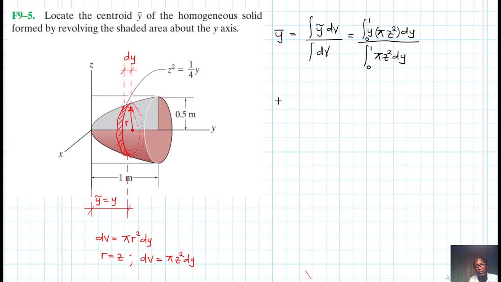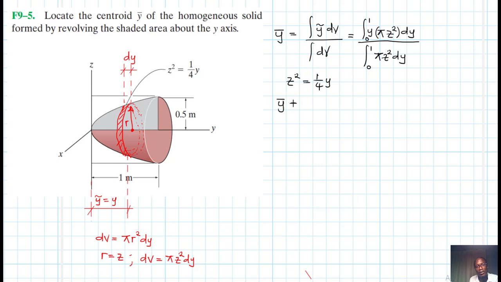So y bar is going to be equal to, we know what z is. z squared is just equal to 1 over 4 y.